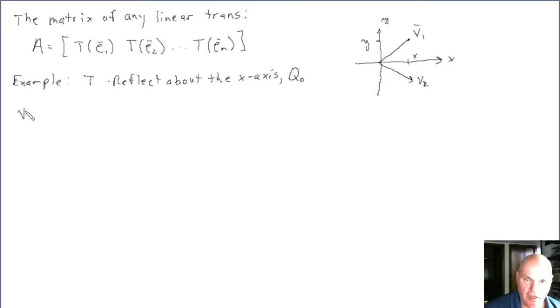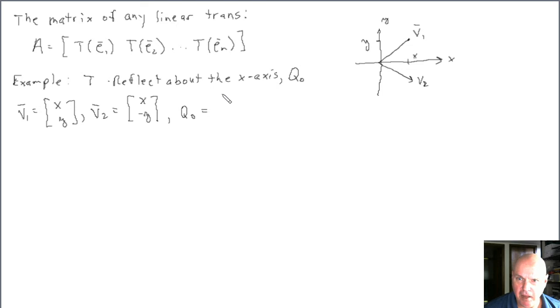So V1 has coordinates x, y, and then the reflected vector by definition has coordinates x, -y. The corresponding matrix of the transformation Q0 can be found quite simply, almost by inspection. In this case, 1, 0, 0, -1. We see that if we multiply this matrix times V1, that will produce this V2 vector.